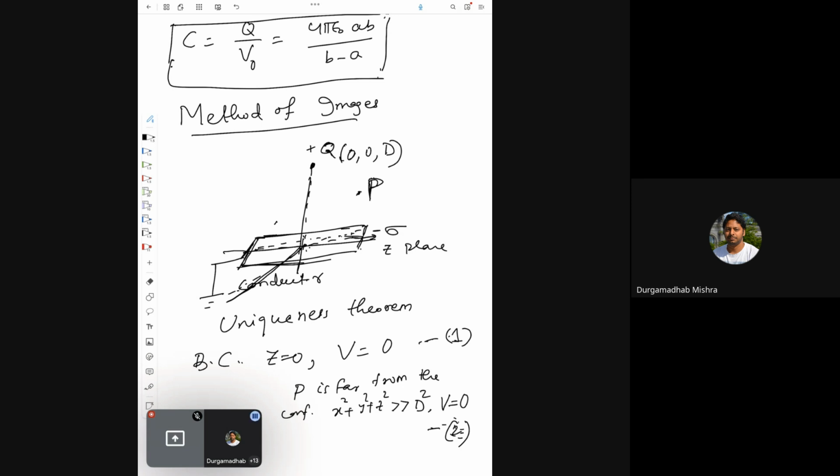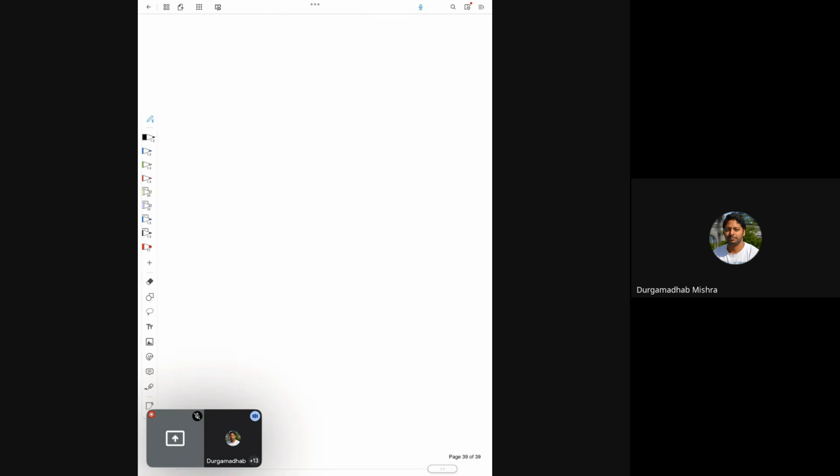Now we will look at another version, not this problem but another problem. I have a certain axis and I have a charge q here at (0, 0, d), and I put another charge minus q exactly at the same distance.